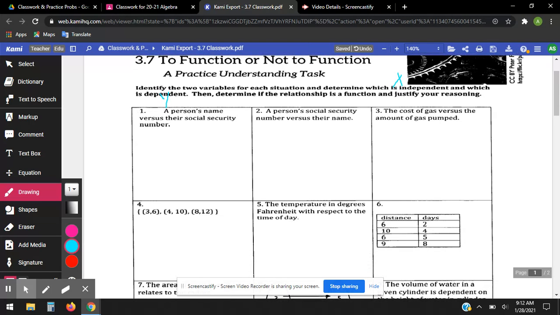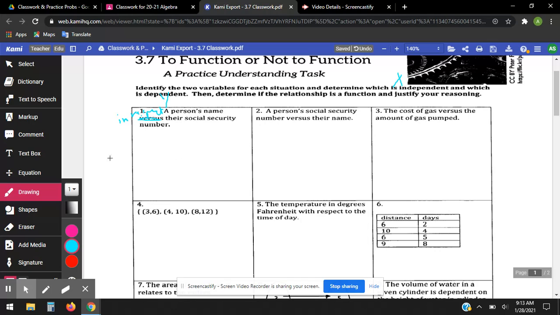So a person's name versus their social security number. We got to figure out which is the x and the y in this case. And I don't like the way they use the word versus. So I'm going to actually change that and say in respect of their social security numbers.